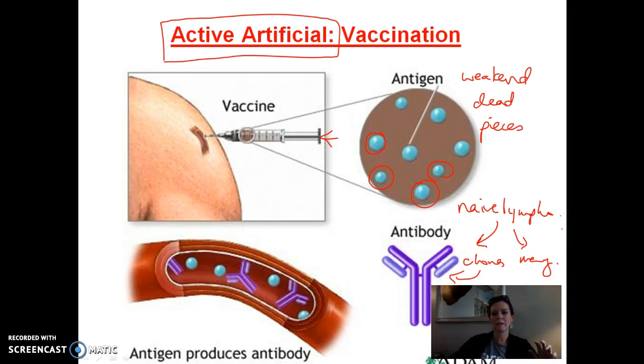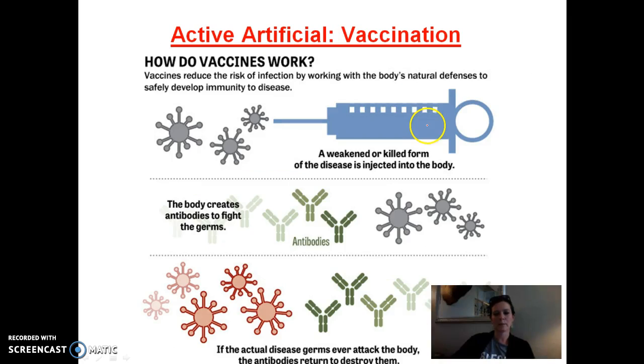The big issue of why this vaccination option is helpful is that because the antigen that was injected was weakened or dead, we actually don't get sick like we did with the natural exposure, and we still develop the memory cells and the antibodies so that when we get exposed to it naturally in the future, those memory cells kick right in. We ramp up to our antigen production so much faster, so much so that you don't even know that you're sick. So that's why this active artificial immunity is so helpful.